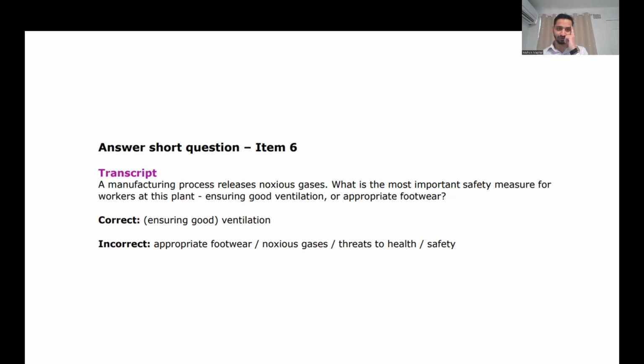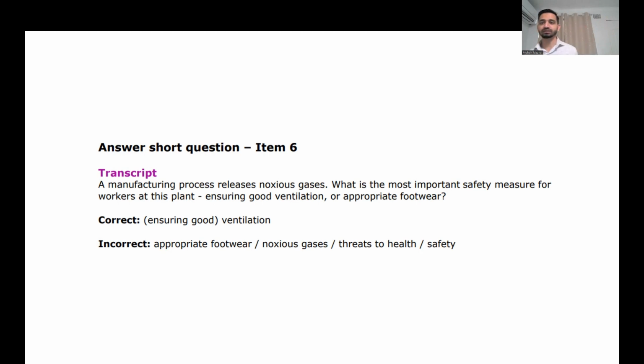For you to understand, for workers at this plant, it's the noxious gases. So context is super important here. Noxious gases are being released. If there is no ventilation, people are going to be breathing in those noxious gases and they're going to get really sick. So is it appropriate footwear that is going to help them in this situation?